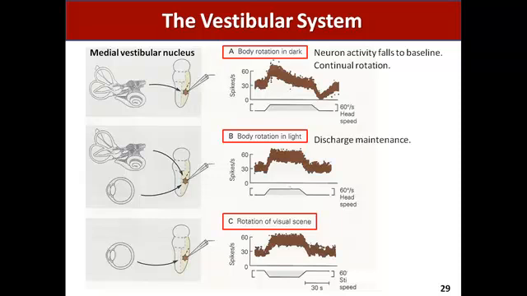Interestingly here, the animal was not rotated. However, the visual scene around the animal rotated to simulate body rotation. So in this particular instance, we have isolated ocular stimulated visual senses, but we don't have any vestibular activation since the body did not rotate.